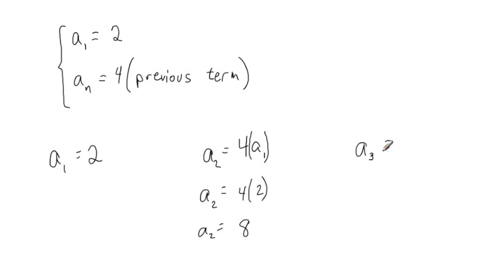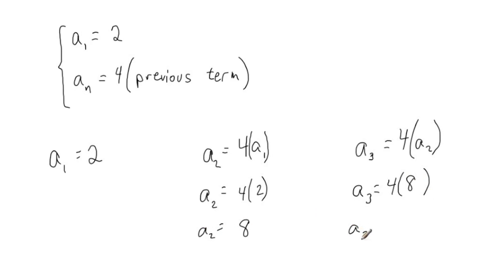The third term, again we're going to use this formula. The nth term, and in this case I'm looking for the third term, is simply 4 times the previous term. So it's going to be 4 times the term that comes before the third term, the second term. So a sub 3 equals 4 times whatever a sub 2 is. Well, a sub 2 is already found, it's 8.